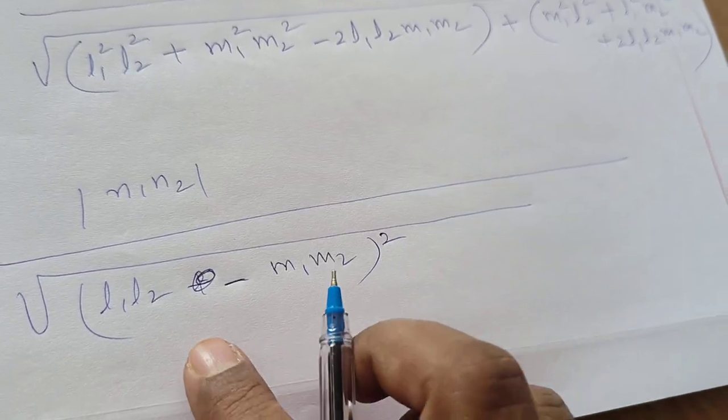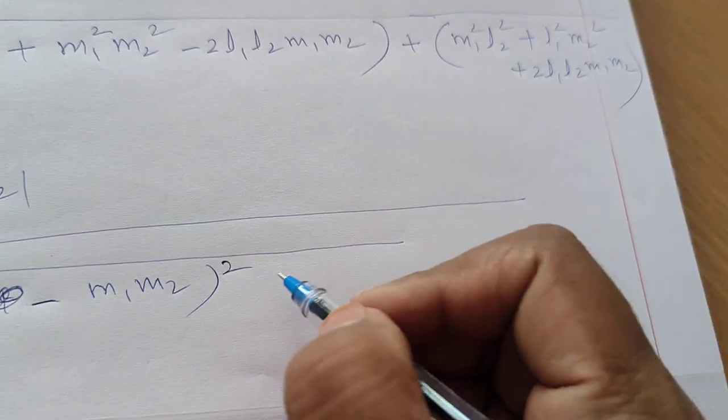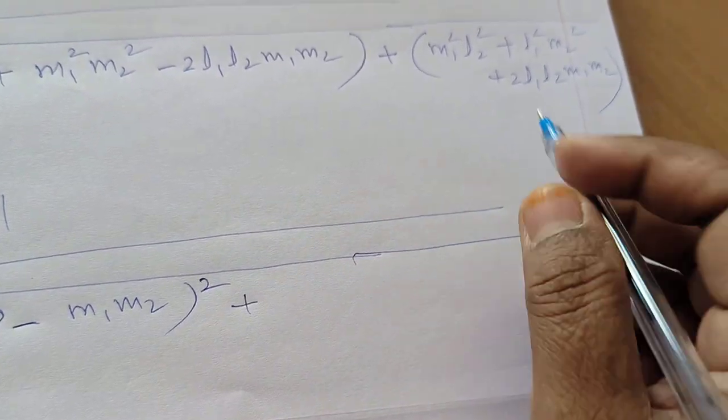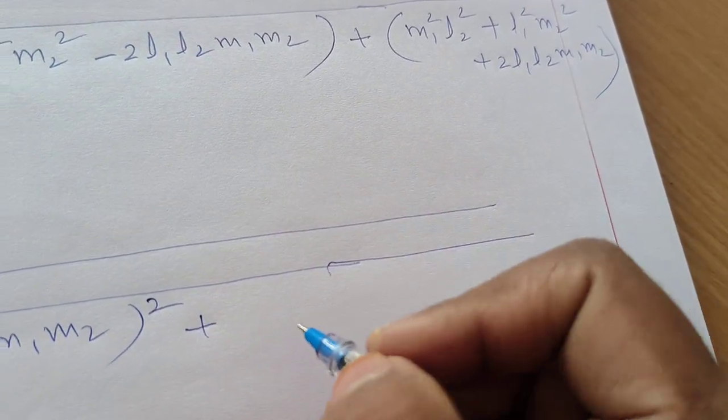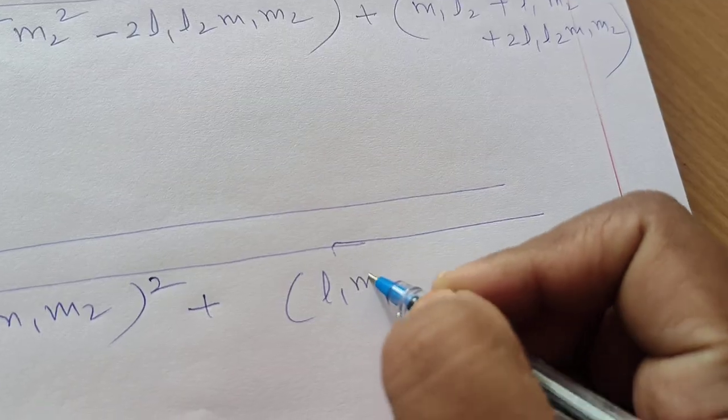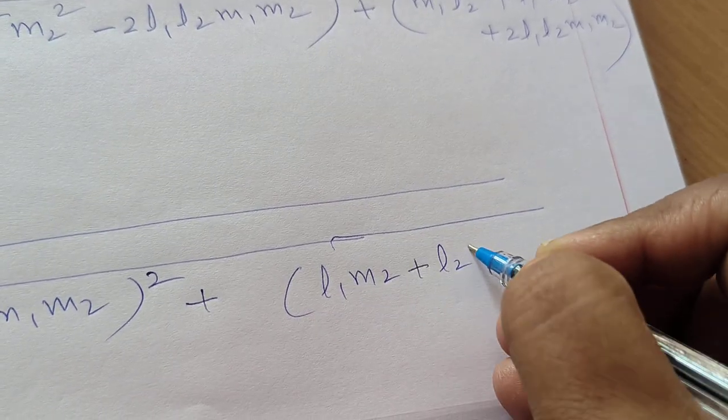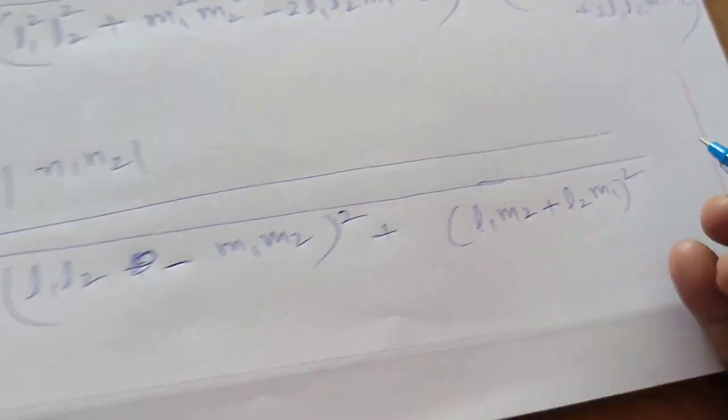Now it is of the form (a minus b) whole square plus (L1 M2 plus L2 M1) whole square.